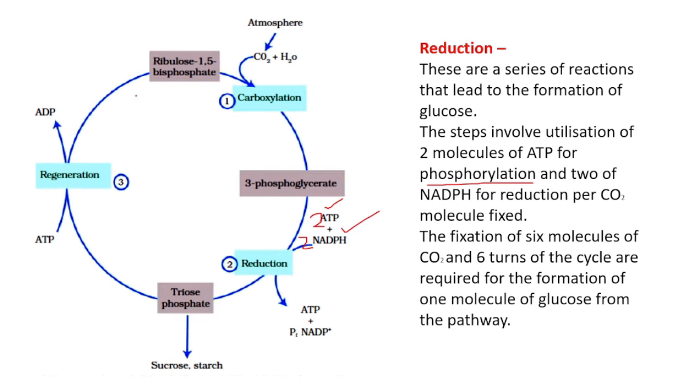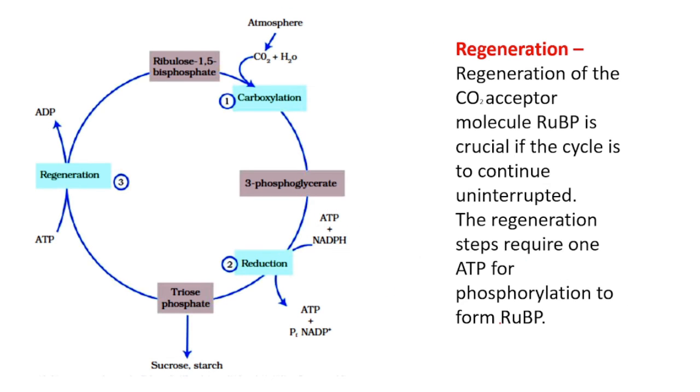The 6th cycle will give rise to sucrose or starch. The first intermediate product formed is called triose phosphate, and then the final sucrose and starch formation will take place. So how many cycles are needed here? 6 turns of the cycle are taking place.